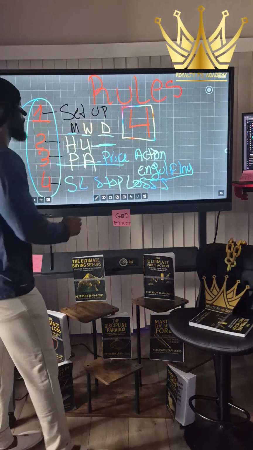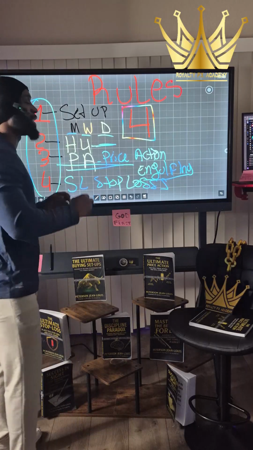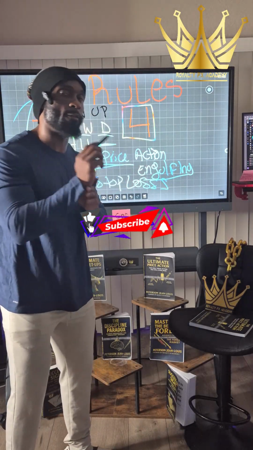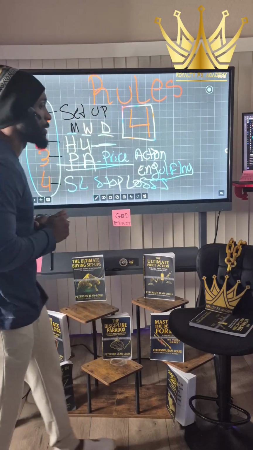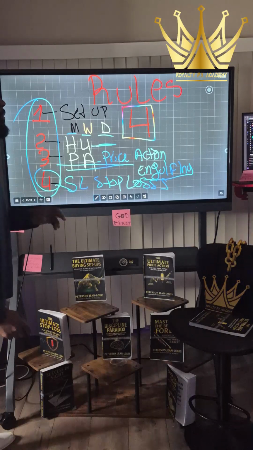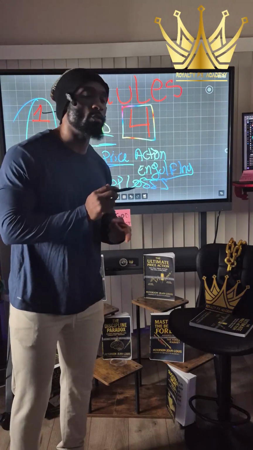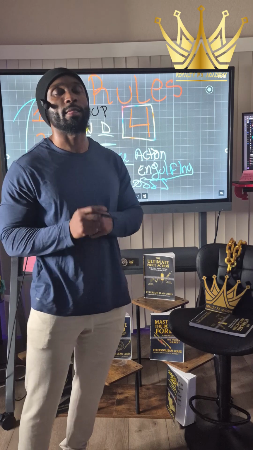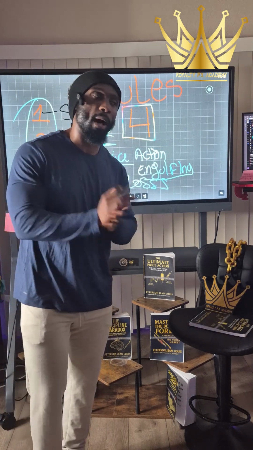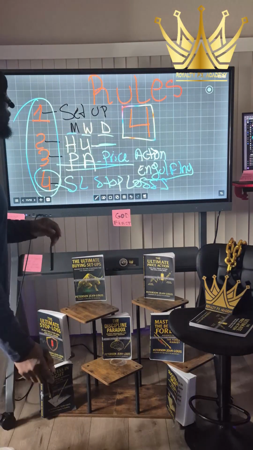Rule number 3, only and always use the engulfing PA, the engulfing price action, either for a buy or for a sell. And rule number 4, your stop loss must always be placed either at the last high for a sell or the last low for a buy. So these are your rules.